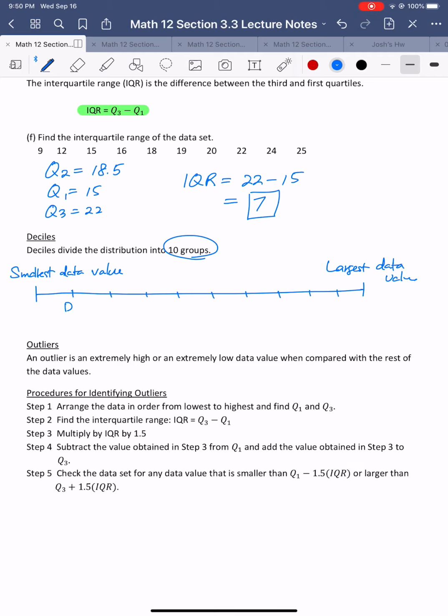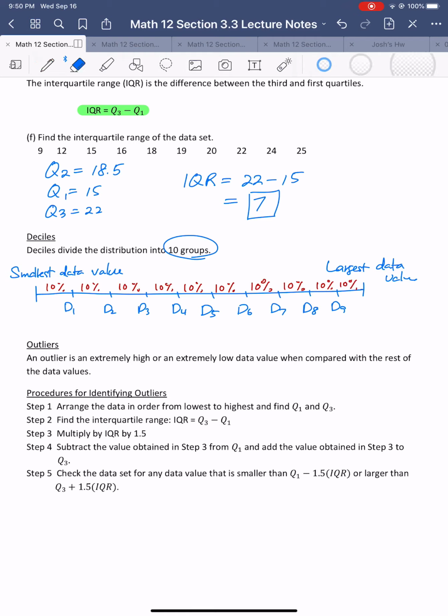So it's going to be D1, D2, D3, D4, D5, D6, D7, D8, and D9. Each interval gives you 10%. So a percentile gives us 1% of the interval, a quartile gives you 25% of the interval, and a decile gives you 10% of the interval.